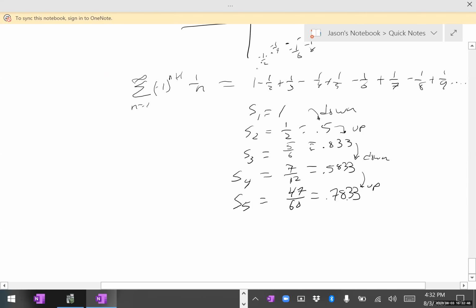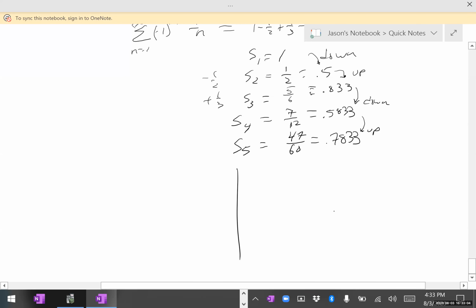So here, what did we do? We subtracted 1/2. Here we added 1/3. And so that's saying that it is approaching some sort of value, right? The sum, I'm talking about the partial sums, right?